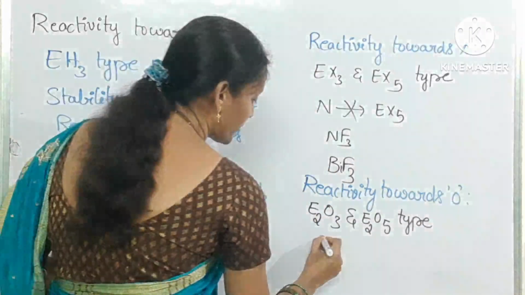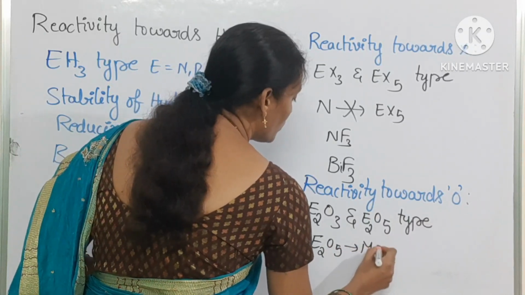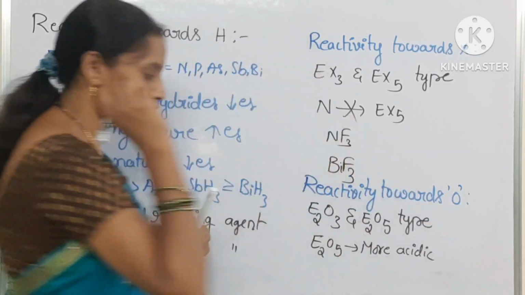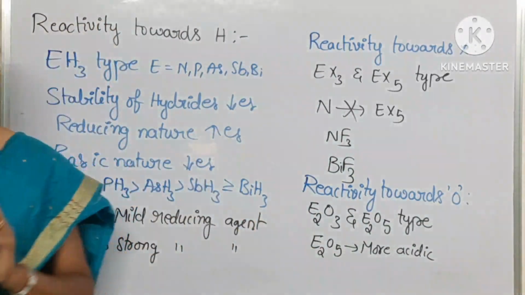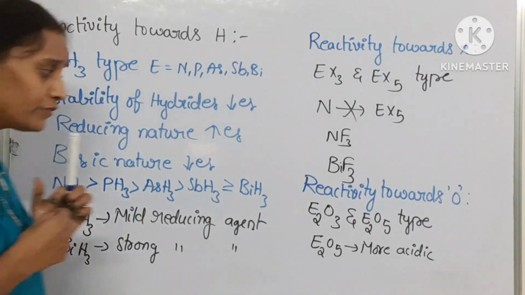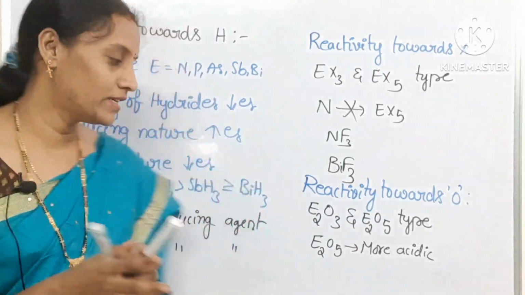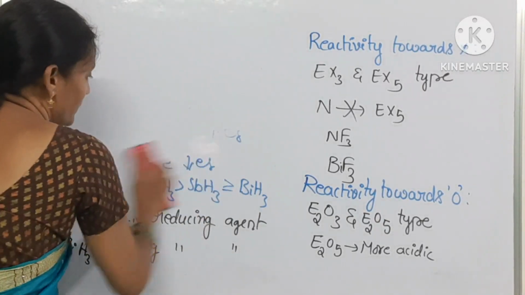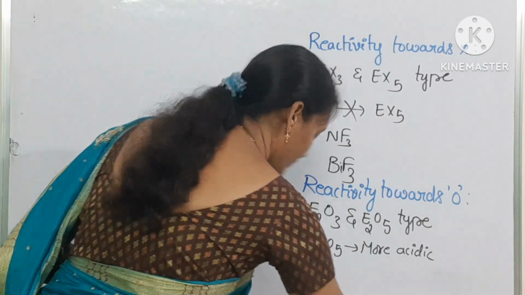One more thing: E2O5 is more acidic when compared to the E2O3 type oxides. Then if you go down the group, acidic nature decreases. You can see that trend also here.